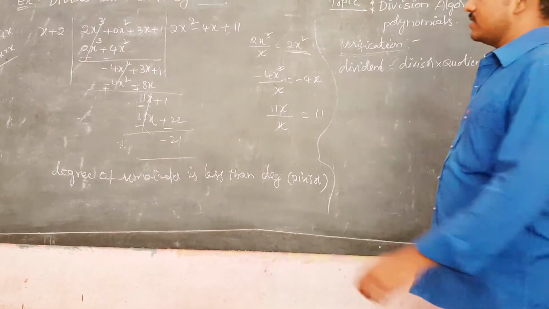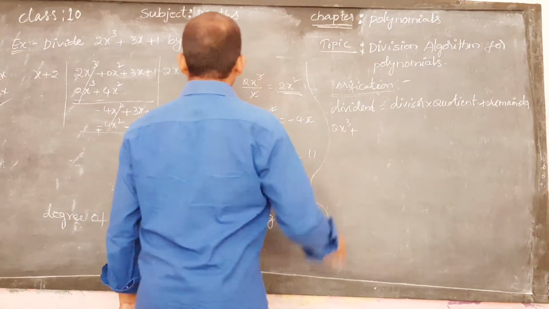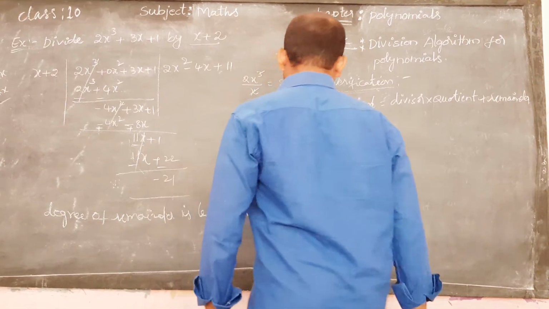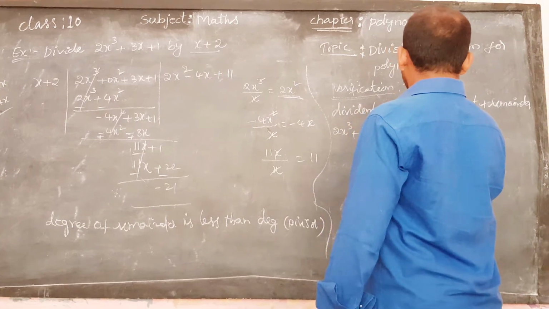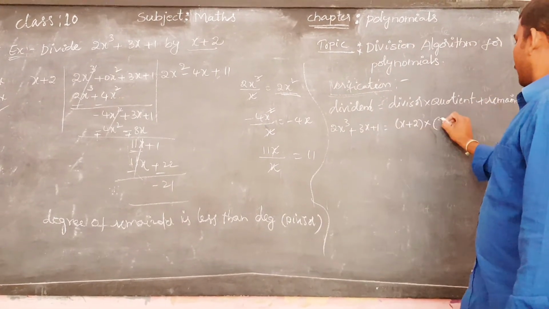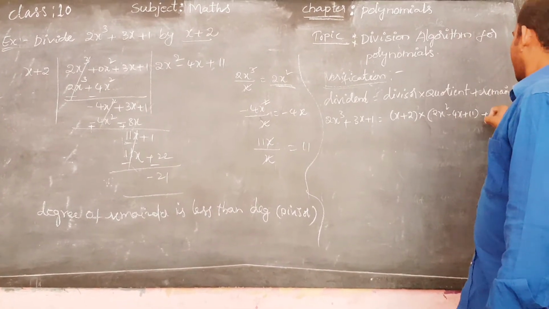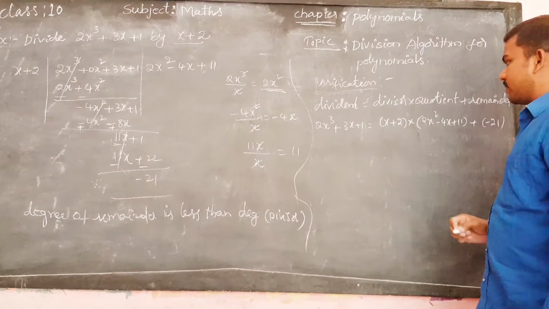Here dividend is 2x cube plus 3x plus 1, that is equal to the divisor x plus 2 into the quotient 2x square minus 4x plus 11, plus the remainder minus 21.